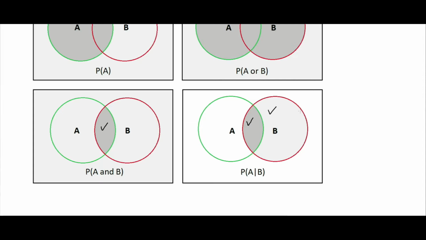And we'll see why it is important to understand that we are collapsing everything down to just within the B here, because that gets into base rates, which is going to be the topic of the next video. And that's a place where people often go wrong when thinking about conditional probabilities.